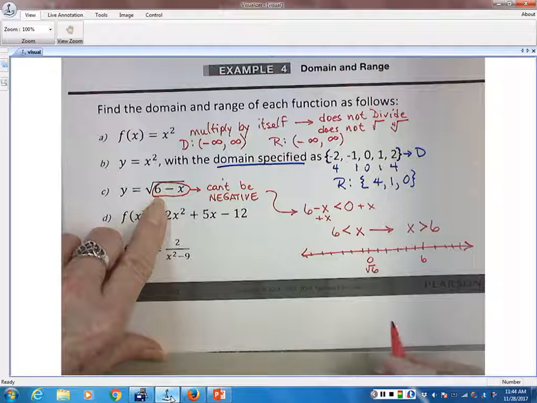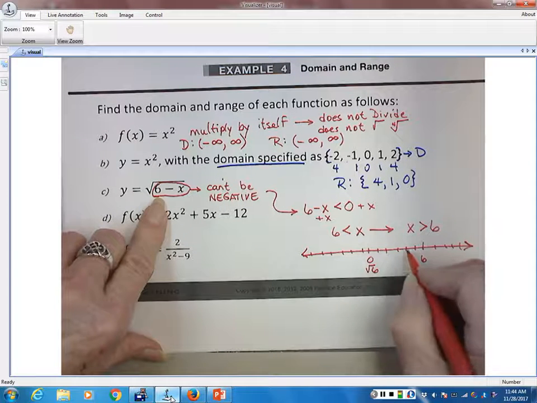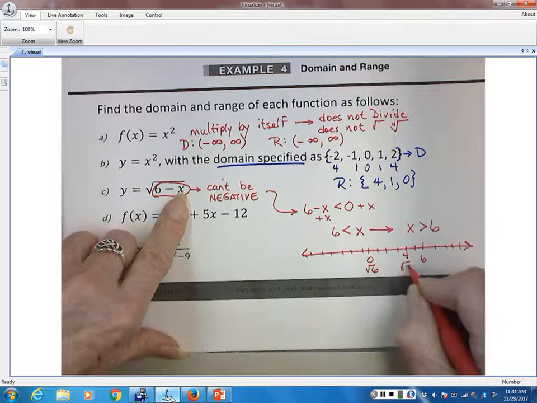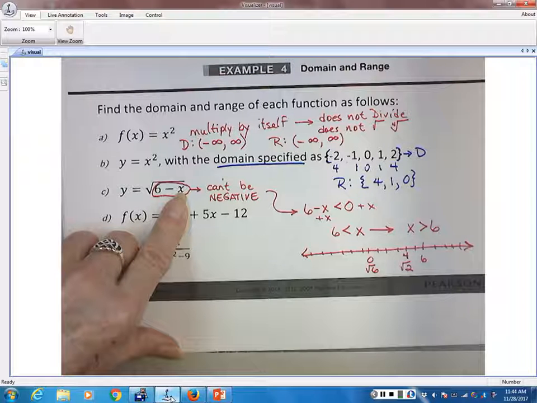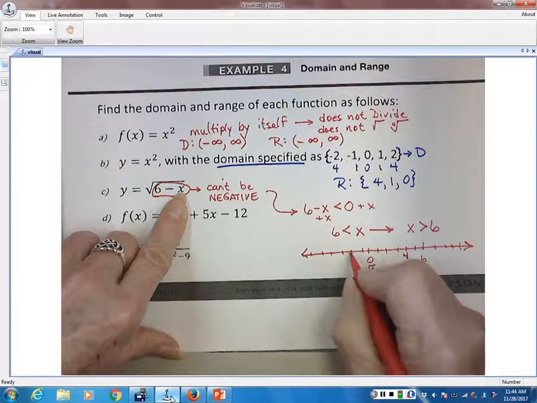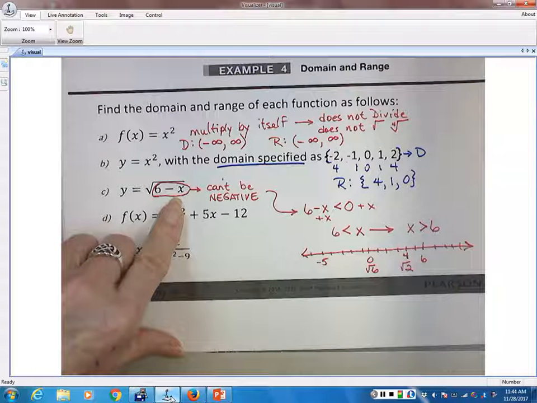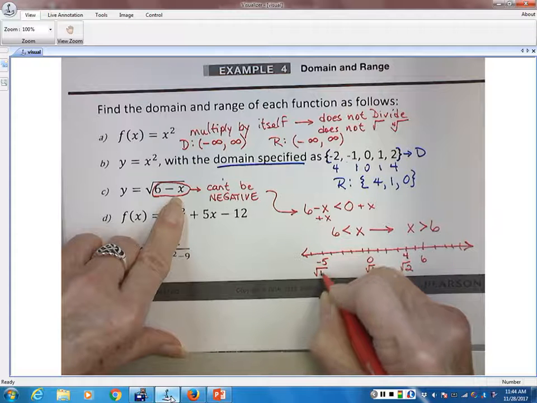If I say 6 minus 4, 6 minus 4 is 2. And the square root of 2 is okay. If I say 6 minus, let's see, negative 5, 6 minus negative 5 is 11, and the square root of 11 is okay.